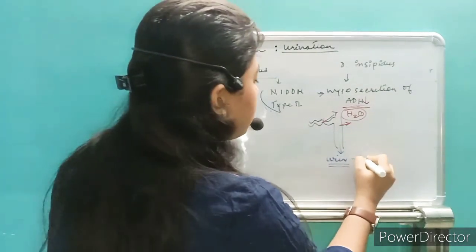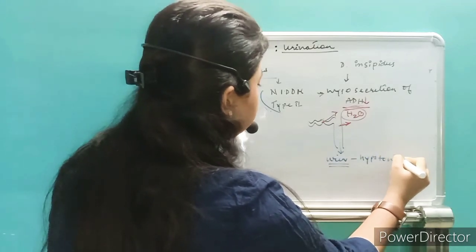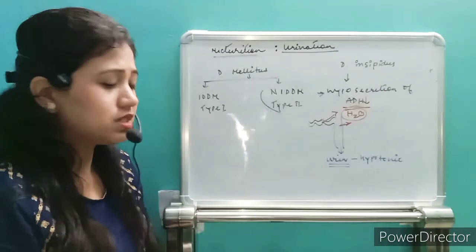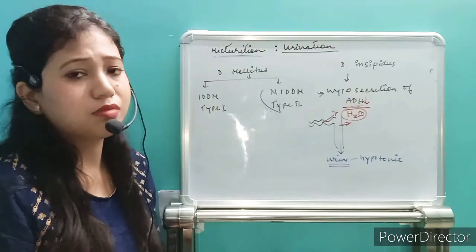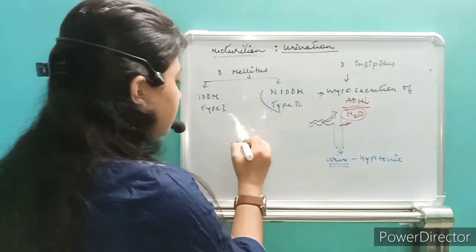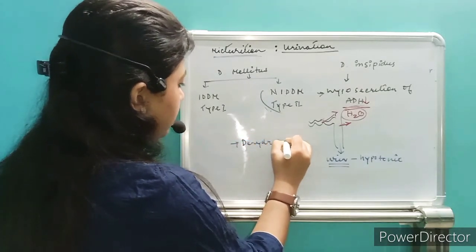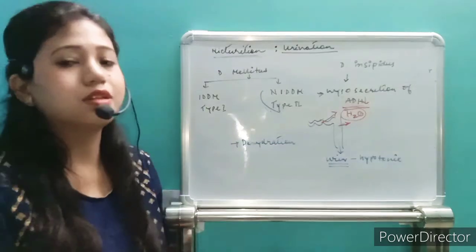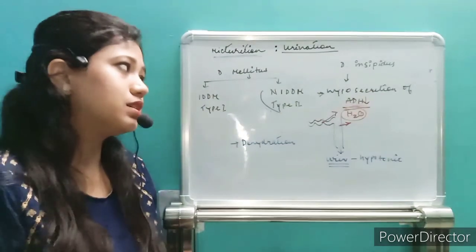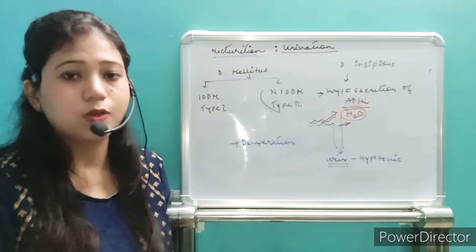So this condition produces hypotonic urine. Hypotonic urine means that the individual is releasing maximum water in the urine. In this condition, that individual will suffer from dehydration. Okay, so this is about the different types of diabetes mellitus and diabetes insipidus. That's all for today's video. Thank you.